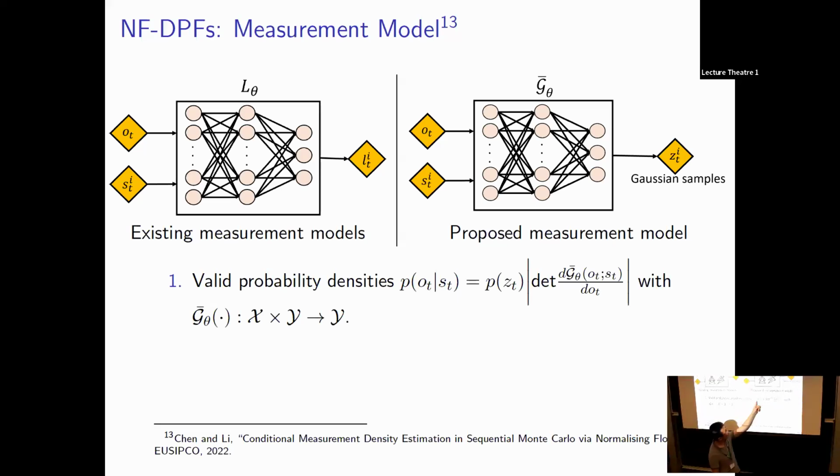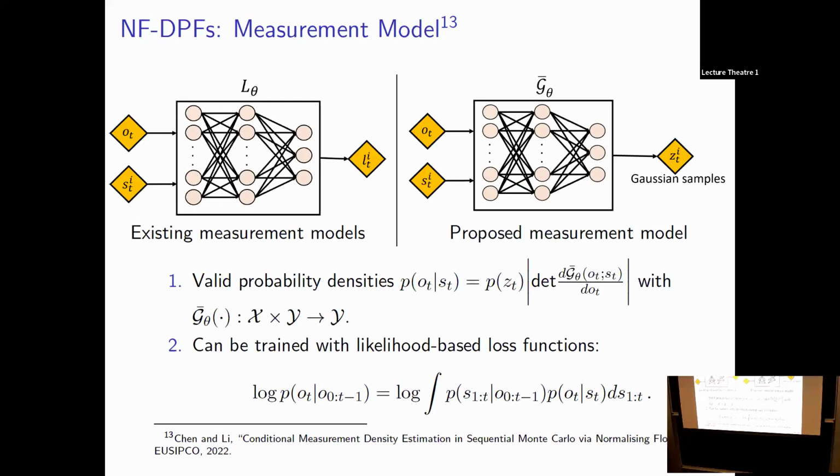So we evaluate this P of ZT. ZT basically has the same dimension as the observation. And then you also evaluate the change of the density through the change of random variable.